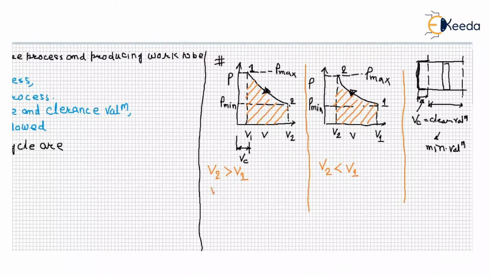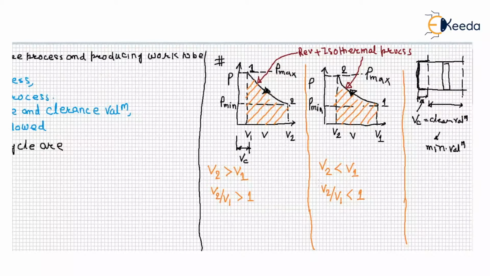So V2 by V1 is greater than 1, and here V2 by V1 is less than 1, right? Let's suppose this is your isothermal process, a reversible isothermal process. Both, either this or this, both are reversible isothermal processes, right?